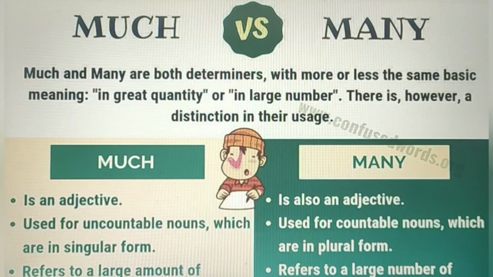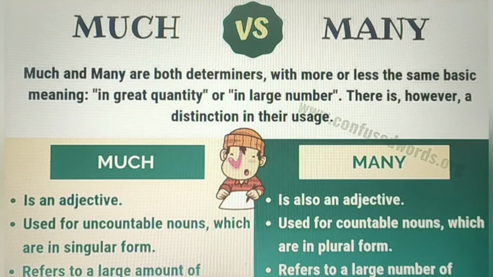However, when we use them in particular sentences, there is a distinction. Many is used for countable nouns which are in the plural form. So with countable nouns we use many. And for uncountable nouns we use much, and it is used in a singular form.